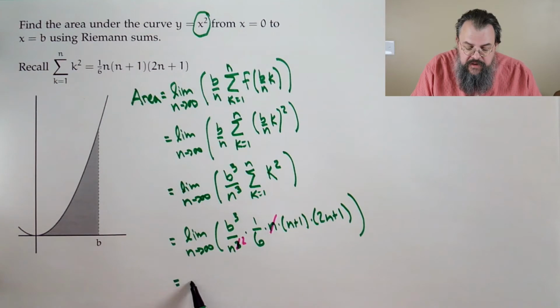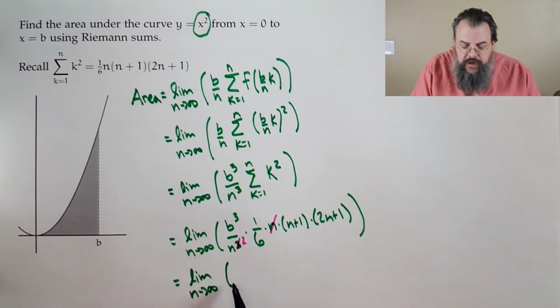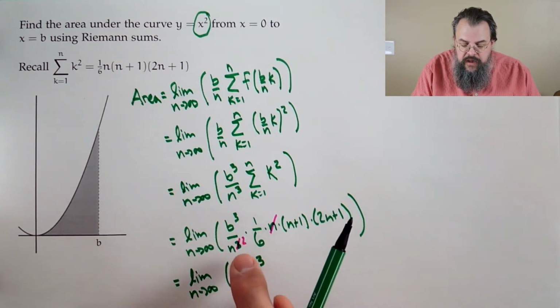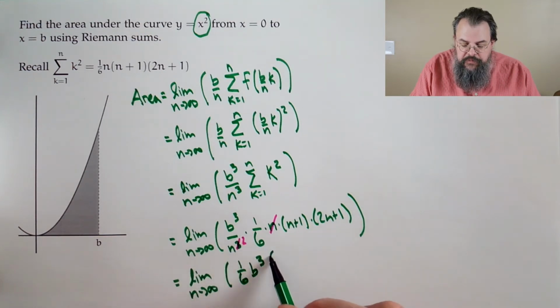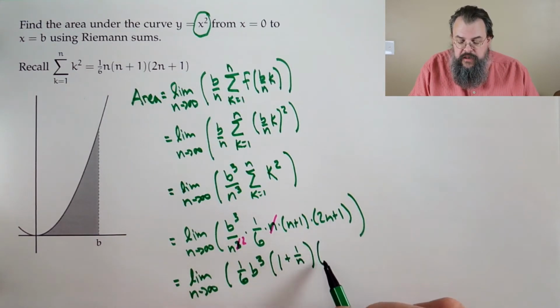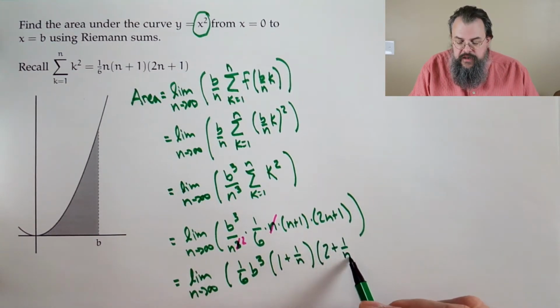So we can write this as the limit as n goes to infinity. We have 1/6 b cubed, then n plus 1 over n, I can make that 1 plus 1 over n. Then 2n plus 1 over n, can write that as 2 plus 1 over n.